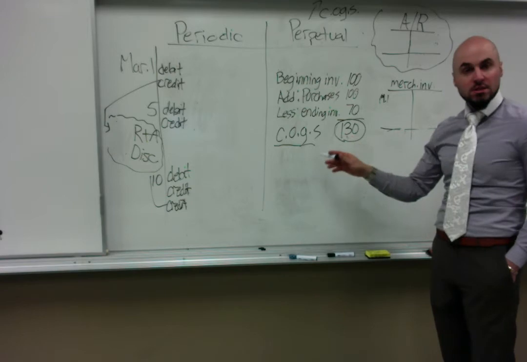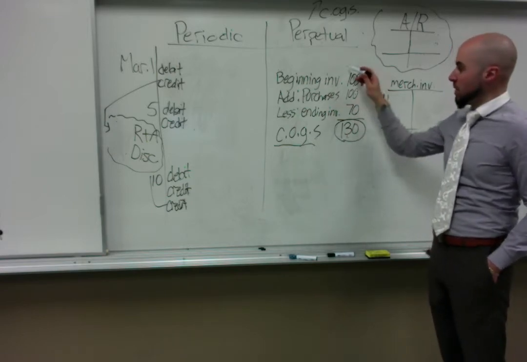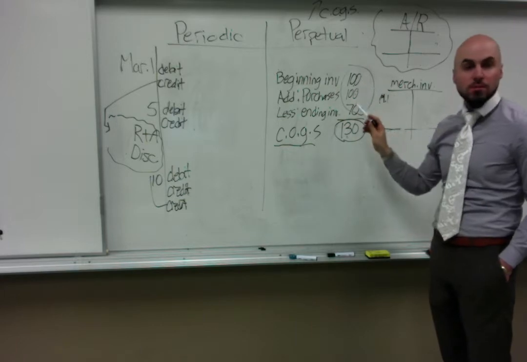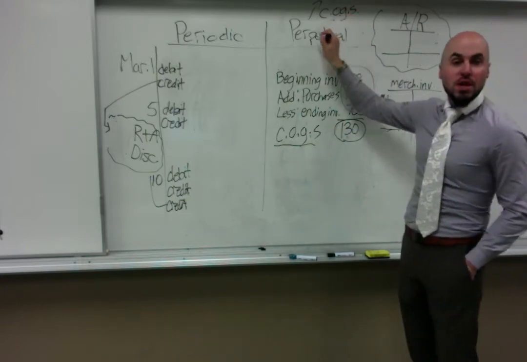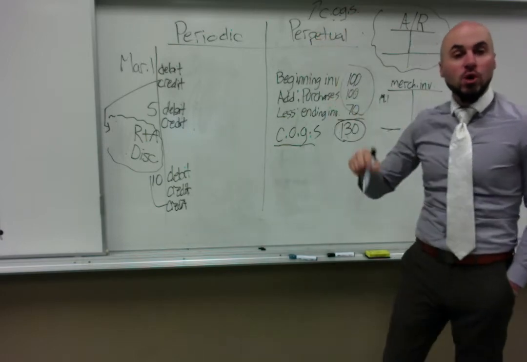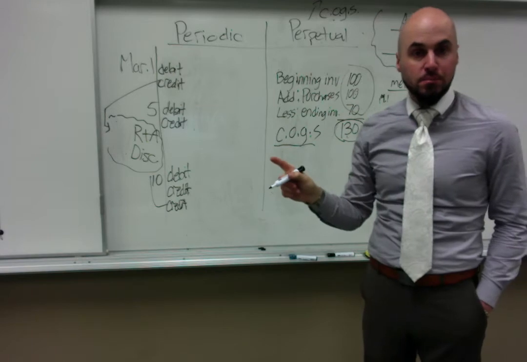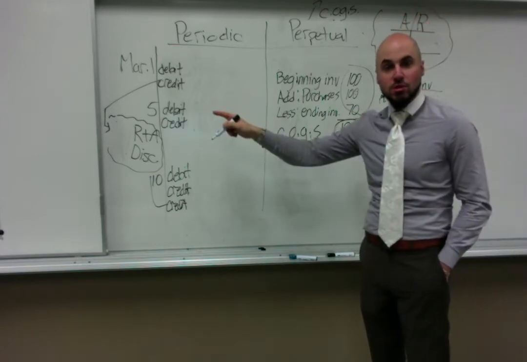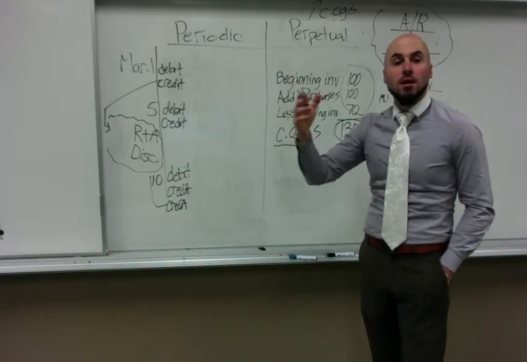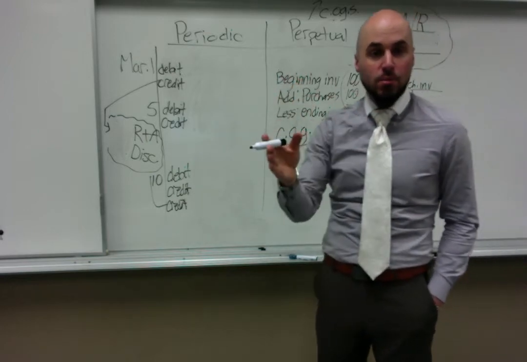But then sometimes, as I say, the question will provide you with the 130 already, implying that they did this calculation. So this cost of goods sold is what we are associating to a perpetual system when we do the entries, the sales entries. Remember that. In the purchases entries, we associated merchandise inventory because we wanted that updated account.